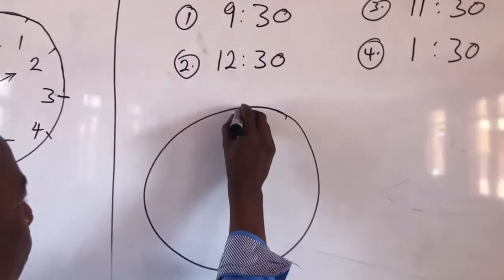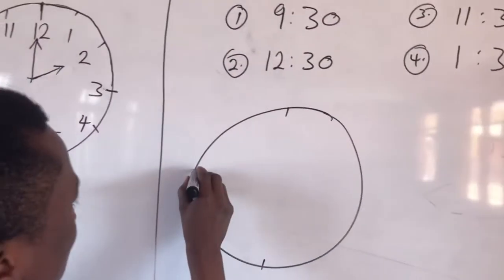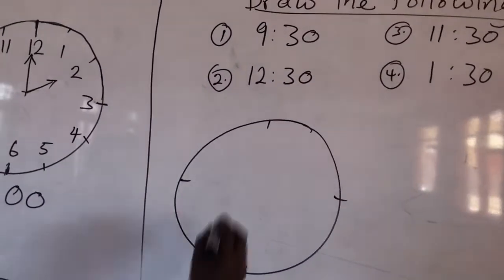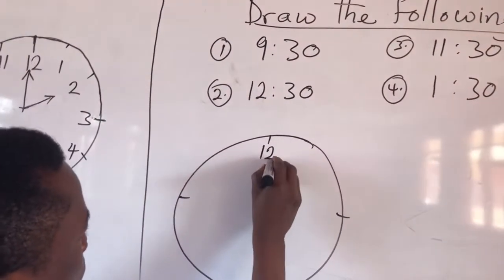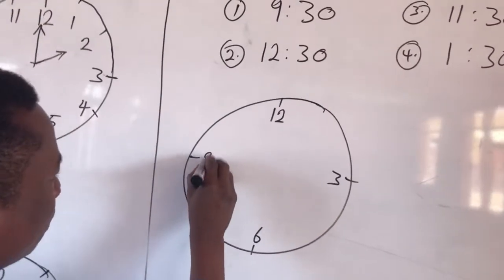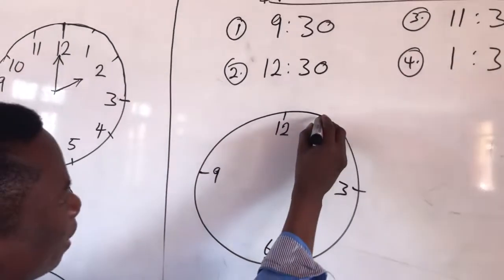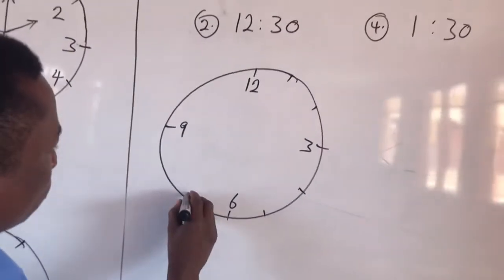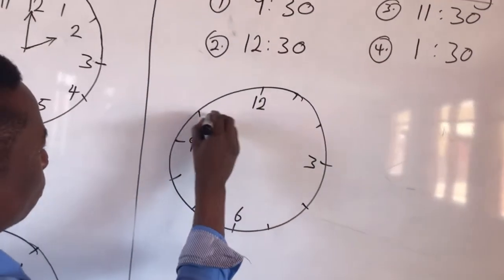Then I will mark from the top to down, left, right. Look at it. Write your numbers. 12, 3, 6, 9. Divide this side into 2, 2, 2.